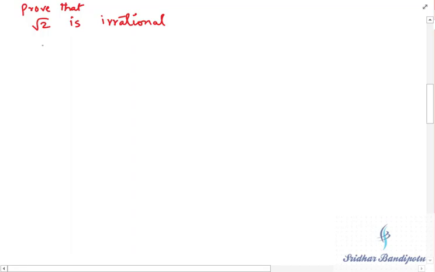Actually, is root 2 rational? No, root 2 is irrational, but I am assuming root 2 is a rational number. So here I will write, let us assume to the contrary that. Why am I writing contrary? Because contrary is nothing but opposite.